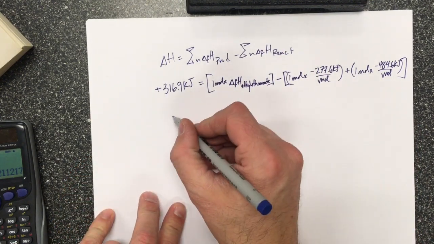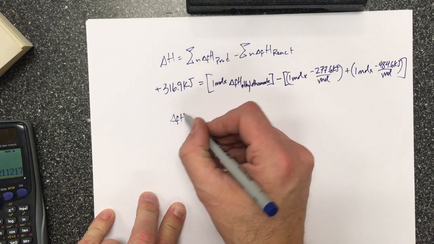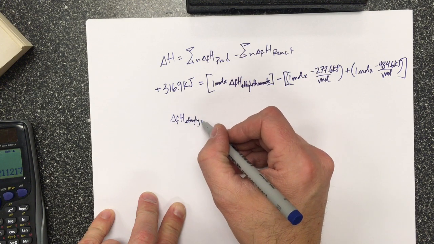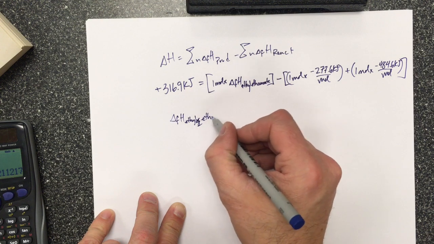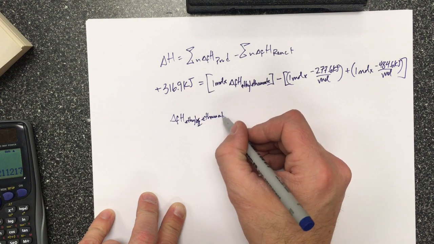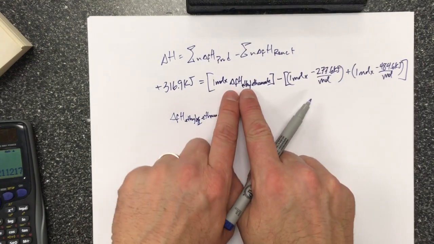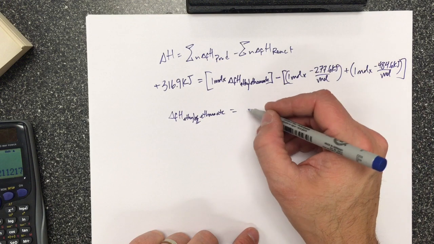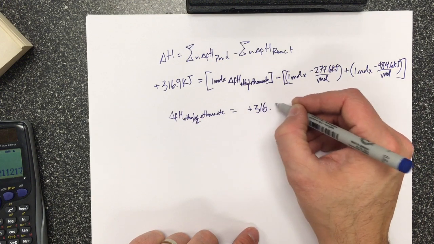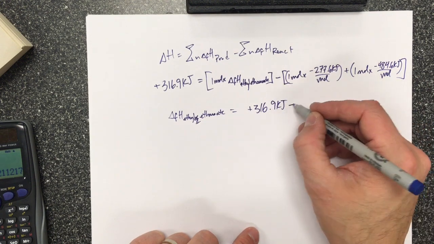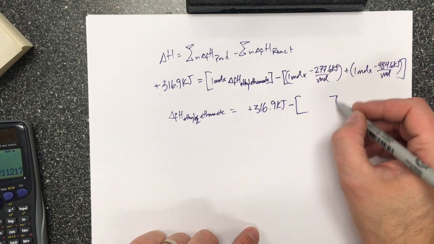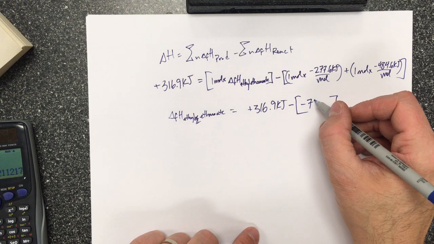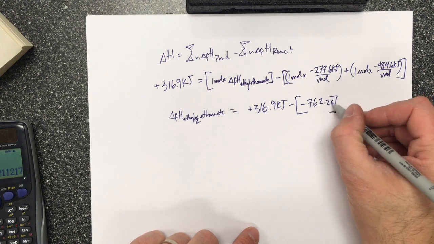So I can calculate the formation enthalpy of ethyl ethanoate by isolating it. I'm going to just do a little algebra. I have to take this side over to this side. And so it's going to be positive 316.9 kilojoules minus this value. And if you put those back together, it's negative 762.2 kilojoules.